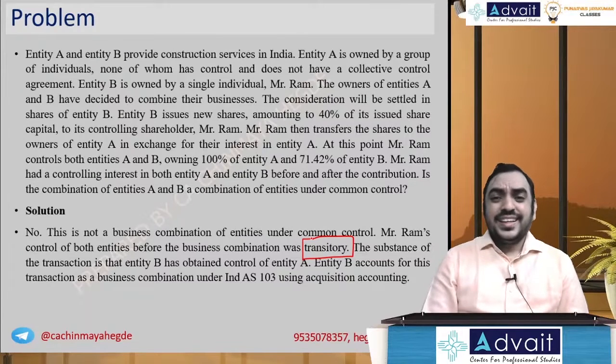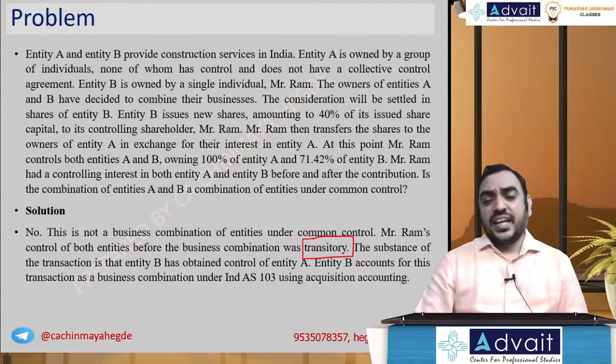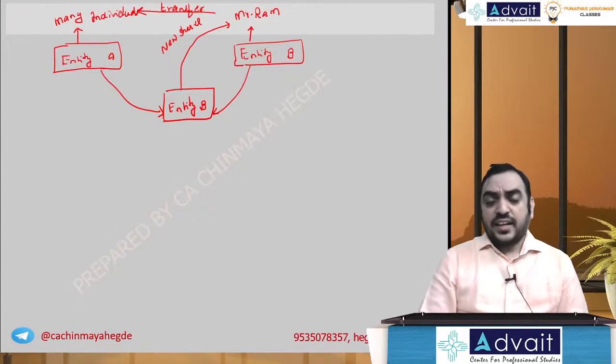Transitory means this is a temporary arrangement. The fact that Mr. Ram owns entity A and entity B should not be considered as entities under common control. It's a stopgap arrangement.